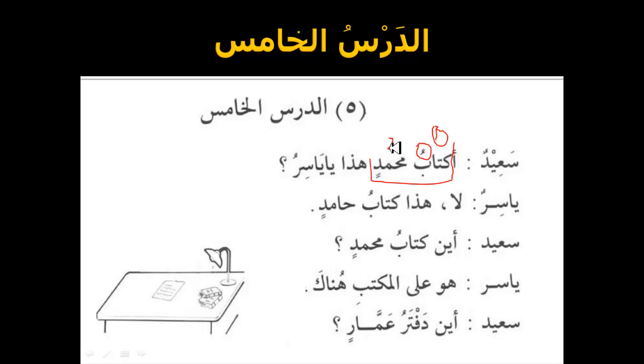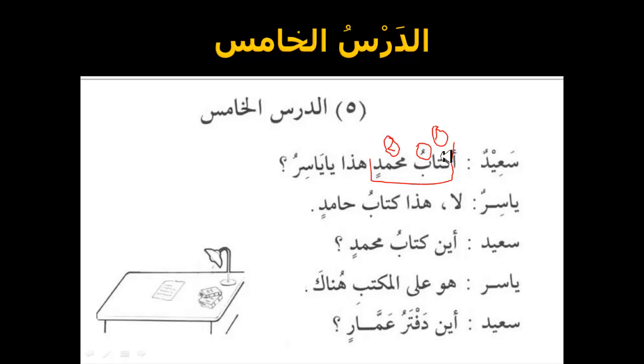And then the second part of the idafa construction is called the mudaf ilay. The mudaf ilay is the possessor. So you're always going to see the possessed come first and then the possessor. So this is Kitabu Muhammad, Kitabullah.